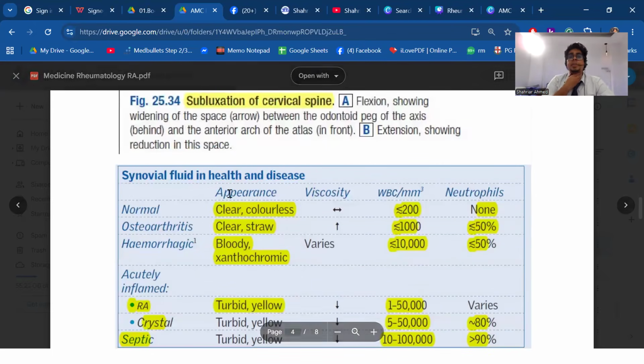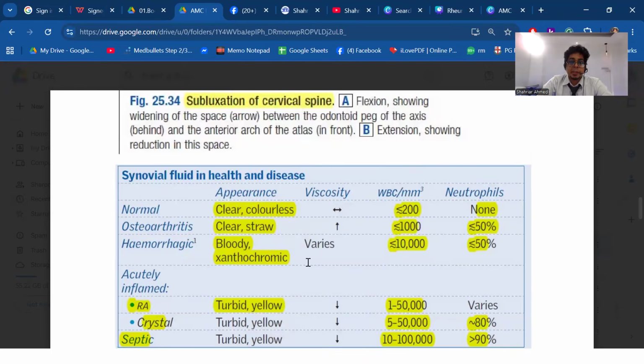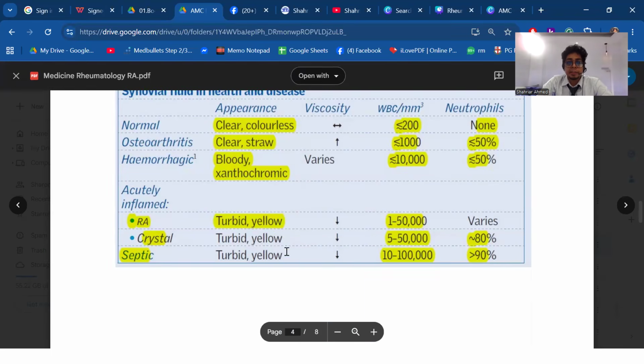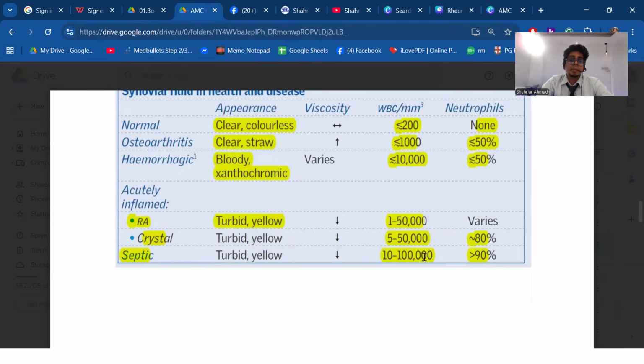In rheumatoid arthritis, definitely we need to do synovial fluid analysis. Here are pictures of synovial fluid analysis. You can clearly see that in septic arthritis, the cell numbers are hugely higher than any other. Please confirm, is this clear?